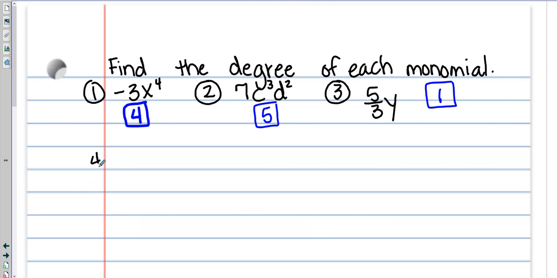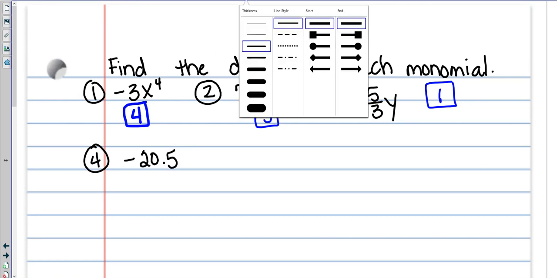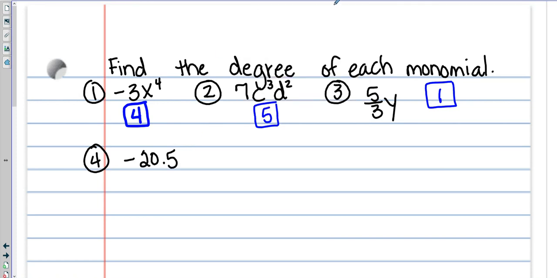Number 4. Negative 20.5. Okay, so what's the rule if you have a constant? If you have a number, the degree is 0.